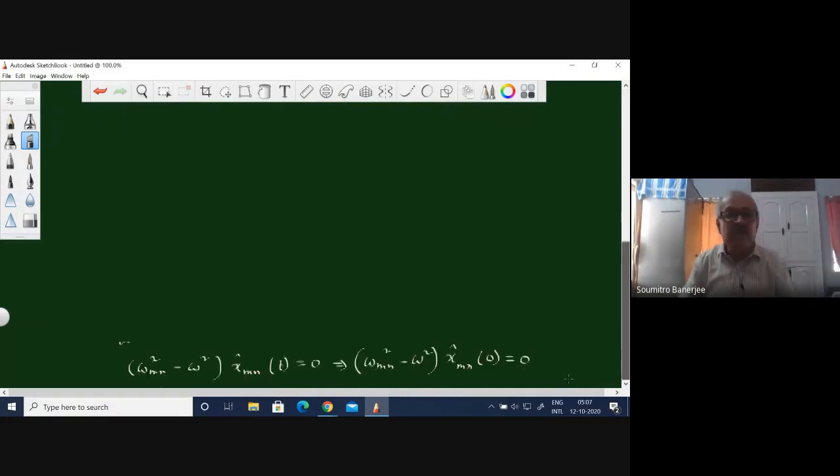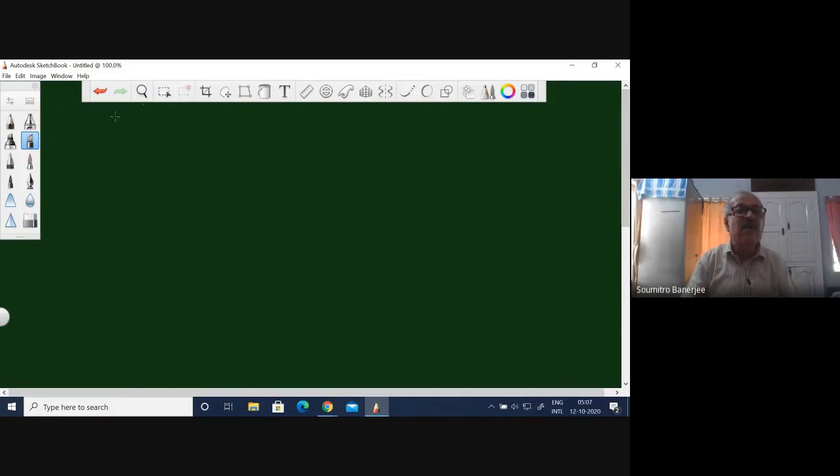Once again, it was omega mn square minus omega square, multiplied by the x mn at 0, the mnth term of the matrix at time 0, is equal to 0. Now, in order for the right hand side to be 0, either this has to be 0 or this has to be 0.